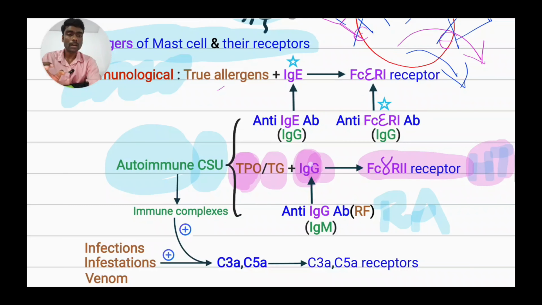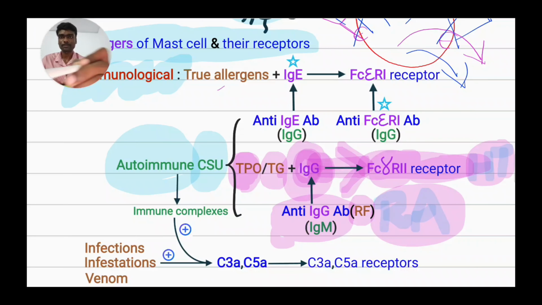So it will bind to this receptor, ultimately activating the mast cell. The same happens in rheumatoid arthritis. We all know that rheumatoid factor is formed, which is an anti-IgG antibody that binds to IgG antibody. This complex binds to the Fc gamma R2 receptor, leading to activation of mast cells.